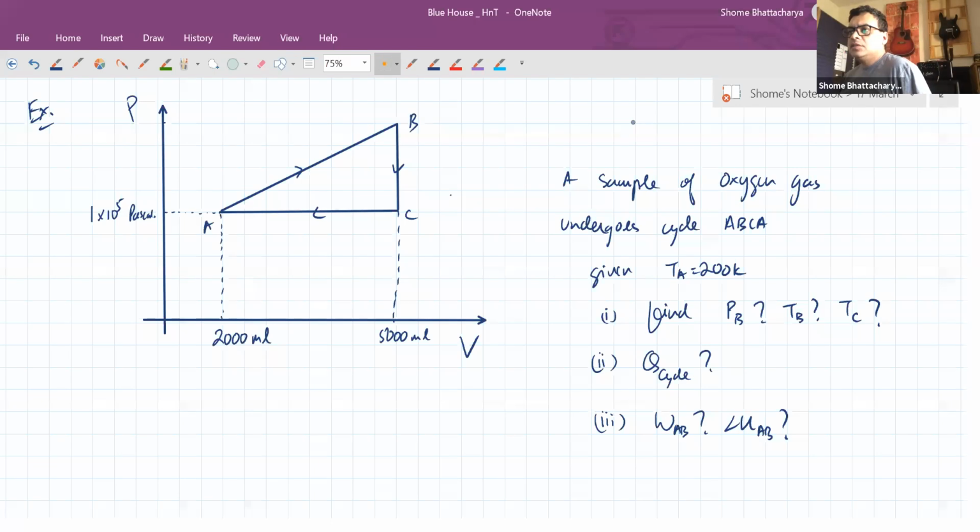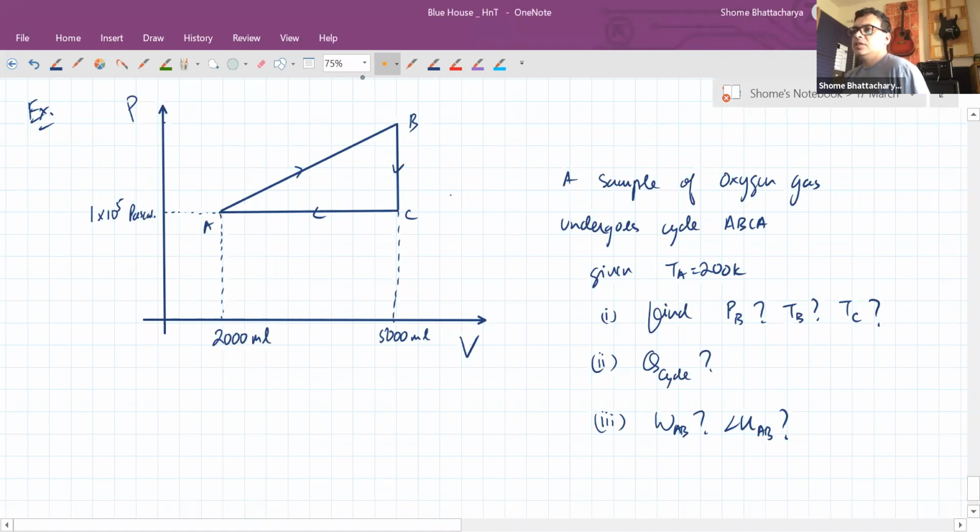Okay, people, let's verify the answers. Now one thing you'll have to realize, the answer that you're giving is assuming that this line AB is passing through the origin.